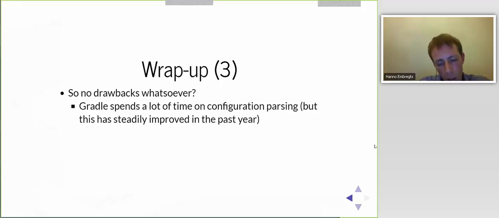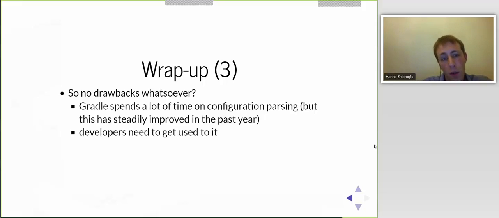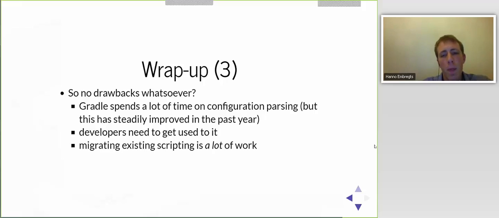So this has improved. But of course, developers need to get used to it. It's quite different than Ant or Maven. But if they are Java developers, they will get used to it eventually, because Groovy is like Java, or Kotlin is Java-like, and it's still on the JVM. So it will take some time, but you will get used to it.